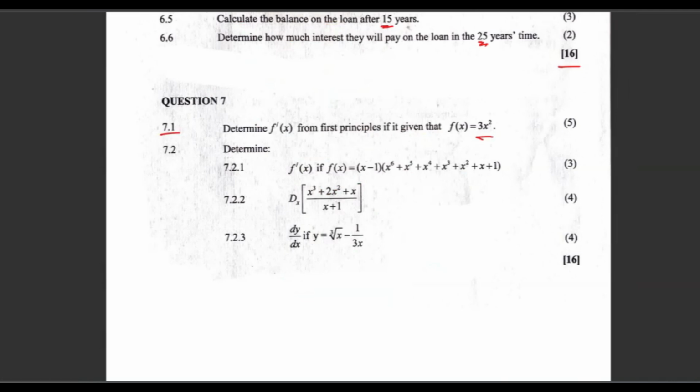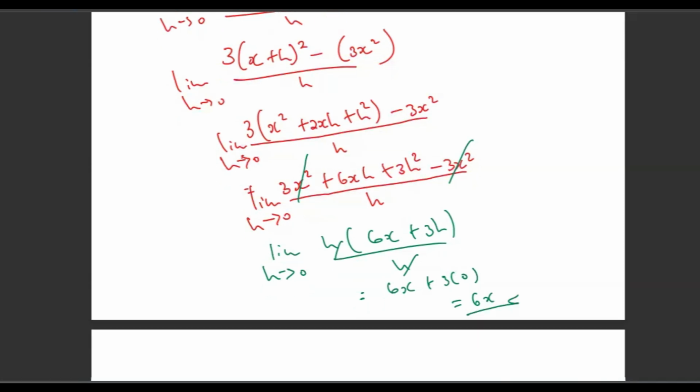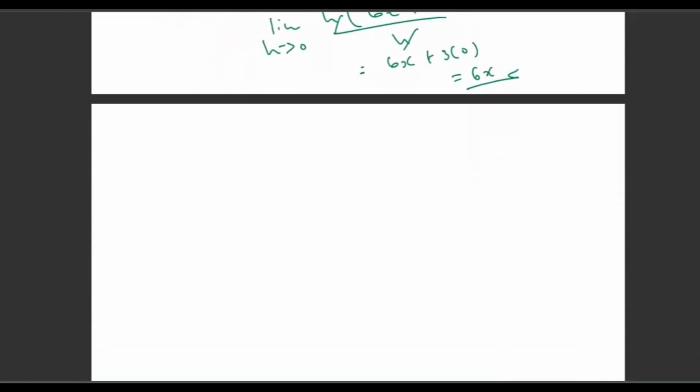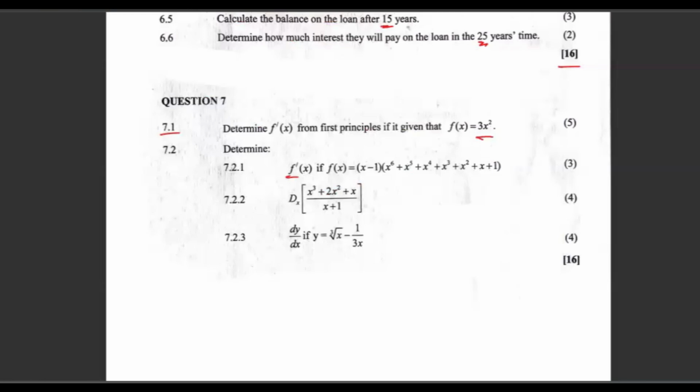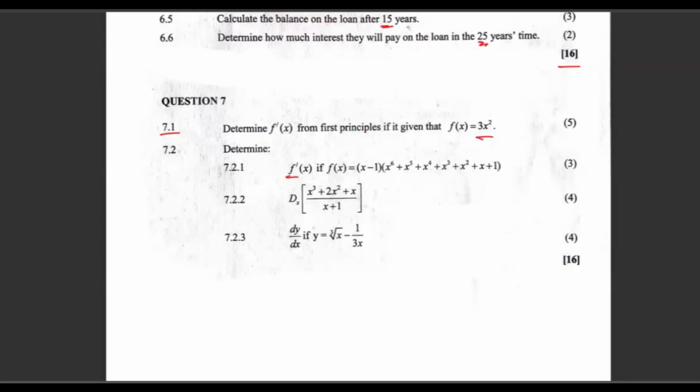7.2.1, they want us to find the first derivative if f of x is x^6 + x^5 + x^4 + x^3 + x^2 + x + 1 over x minus 1. Wow. Let's kill this one also. So we have x minus 1 into, we said x^6, x^5, x^4, x^3, x^2, x, they said minus 1. No, plus 1.